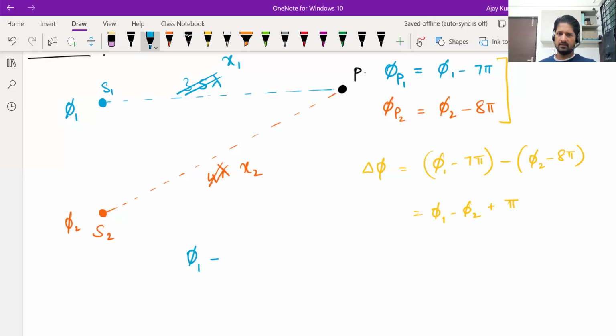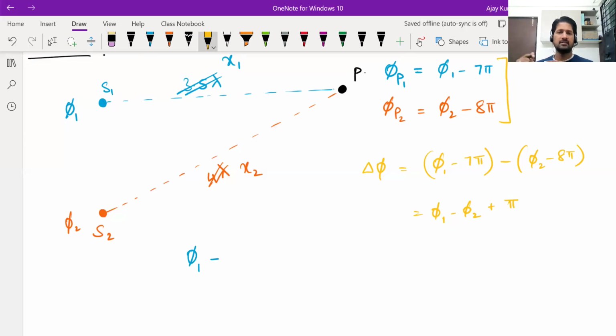What's the relation between distance and phase difference? Suppose wavelength is 10 centimeters and there is a distance of 50 centimeters.